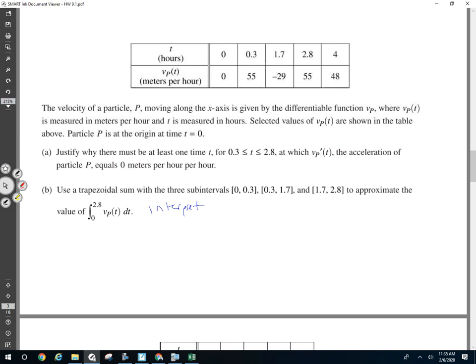Let's first talk about the interpretation. What would be the integral of v? Come on, everybody needs to know this. This is Unit 7. Displacement. This is the change in position.